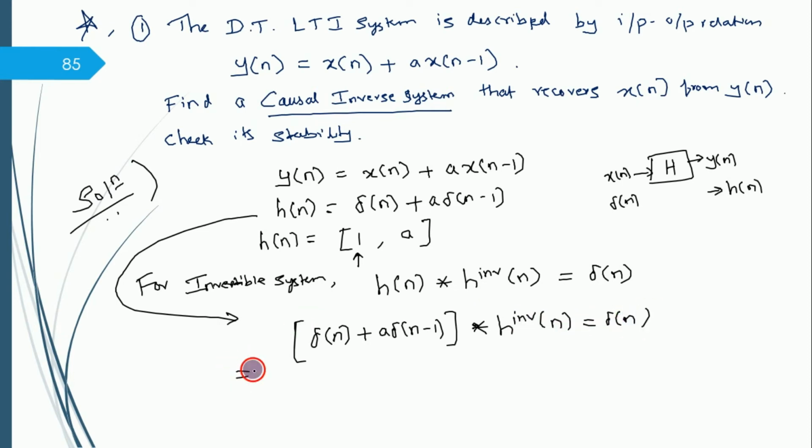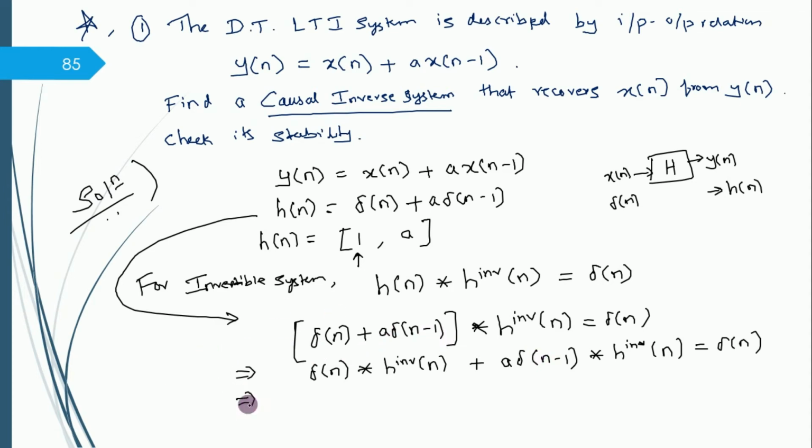Now what I'm supposed to do is further simplify. You know that it is a distributive property. Delta of n convolved with h inverse of n, plus a into delta of n minus 1 convolved with h inverse of n, is equal to delta of n. So far it is good. You know that a delta function, when it is convolved with anything, gives that expression itself.